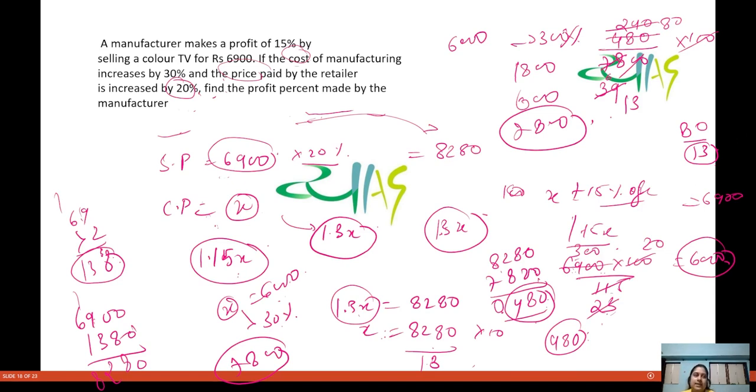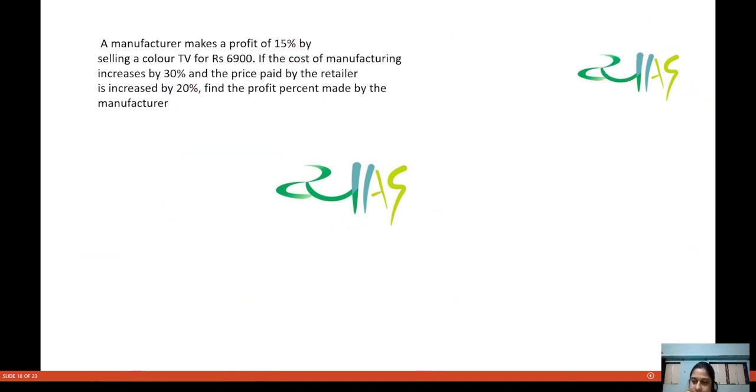Okay, 80 by 13. So now you can calculate. I think it will come something near about this, because this is 78. So 6 point something percentage profit you are going to get. So this is the profit percentage you are getting. So I hope everybody is clear with this thing.